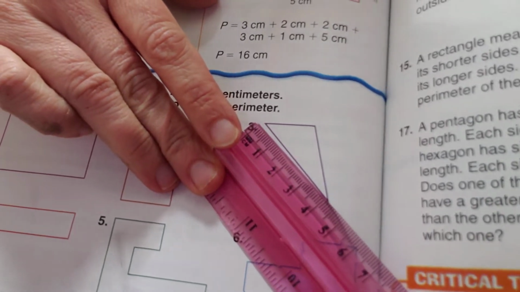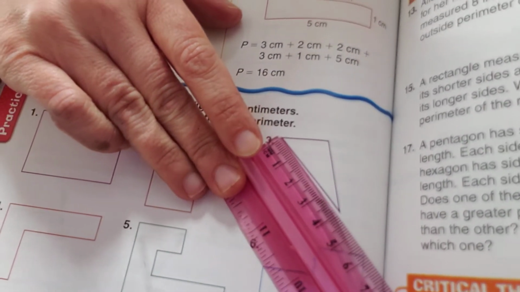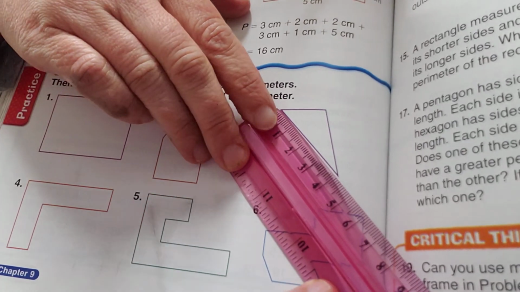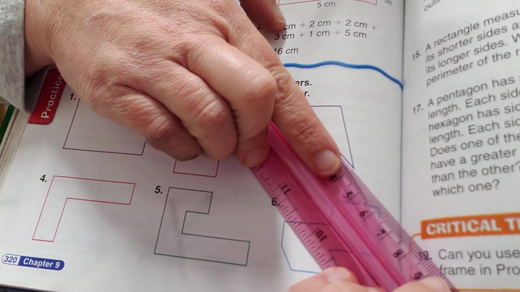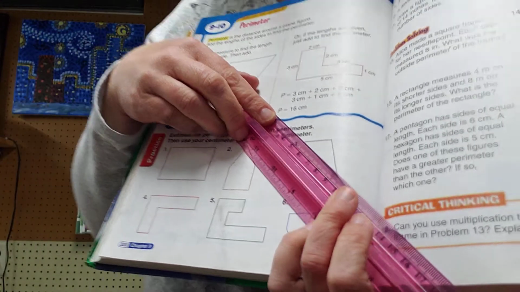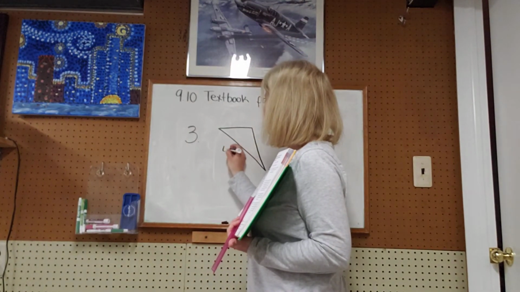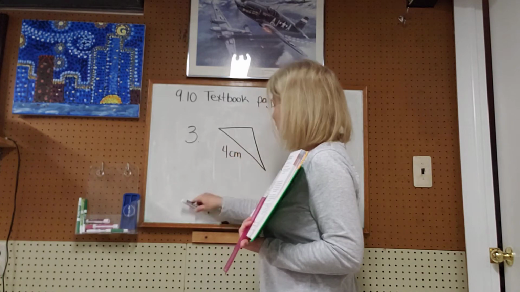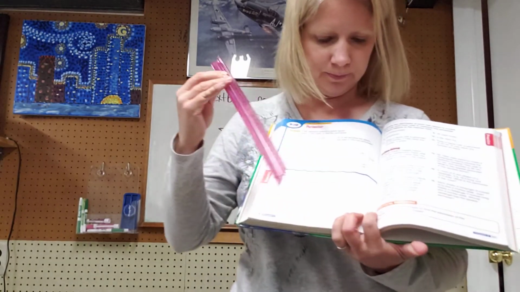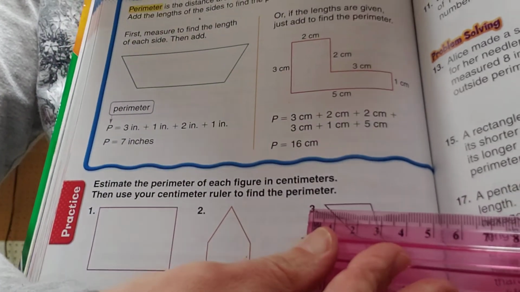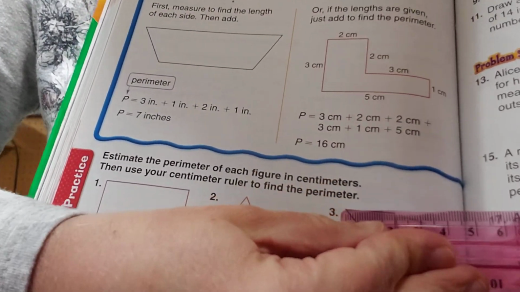All right. Can you see that it measures to approximately 4? I would say that one is about 4 centimeters for this side. Let's measure the next side. Let's measure that top. What is that going to measure to?